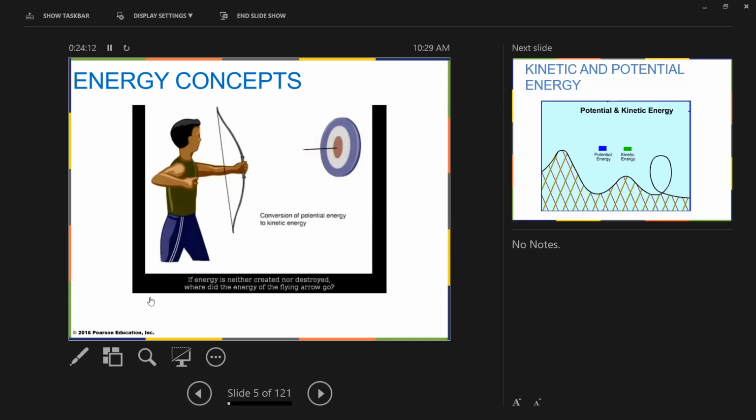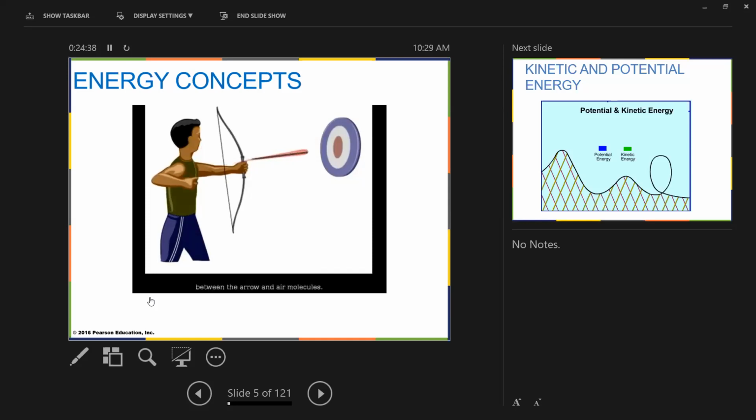I don't think the arrow has any potential energy when it's just released. Because if you've ever done this, you know that if the arrow slips off the notch and drops down, then it had no potential energy. Now, something else that we see is that when we release the arrow, it also gets hot.